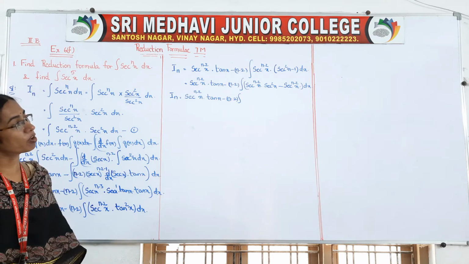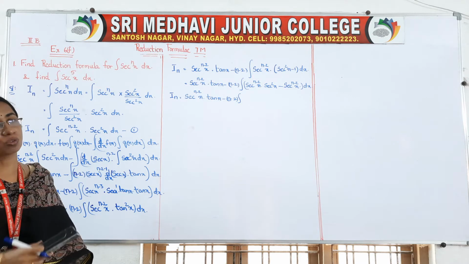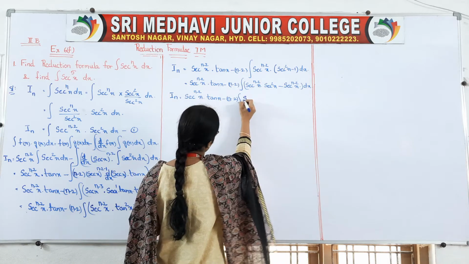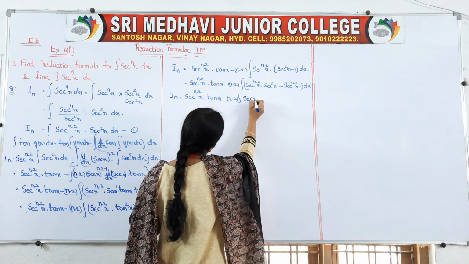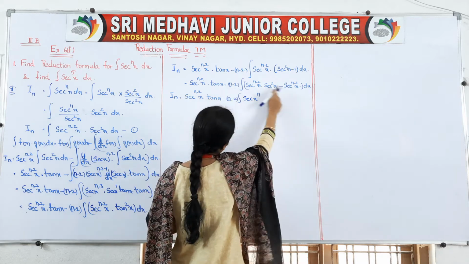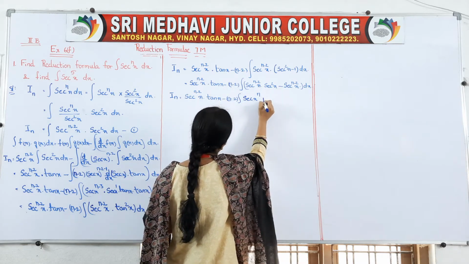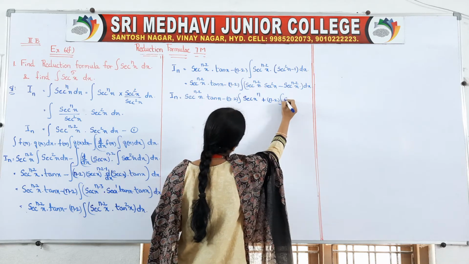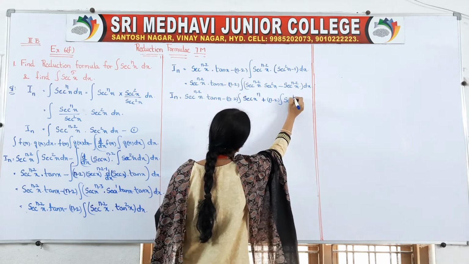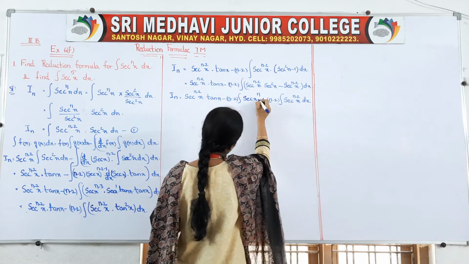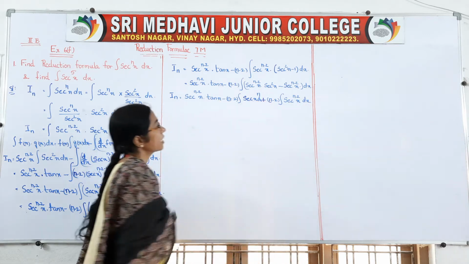Secant x to the power of n minus 2 plus 2, minus 2 plus 2 cancel, so it is secant x to the power of n. Next, minus of minus is plus n minus 2 integral of secant to the power of n minus 2 x into dx.